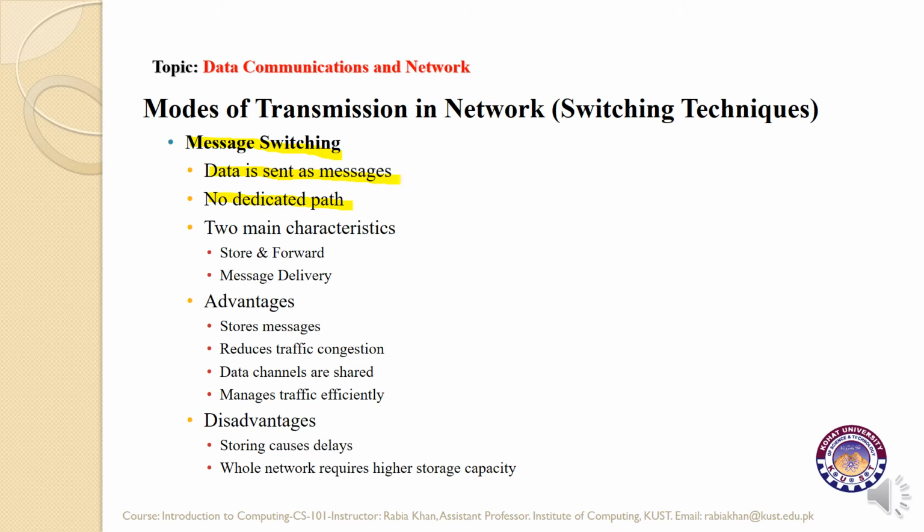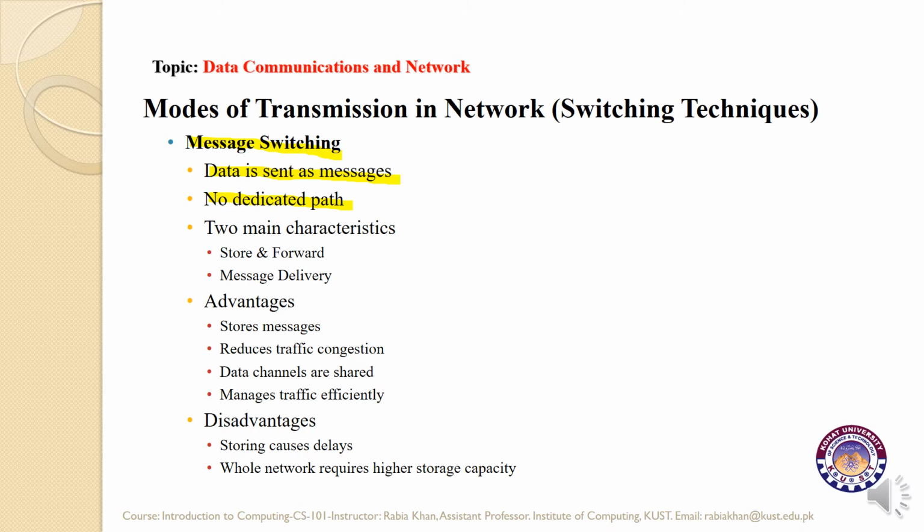There is no dedicated path, keep in mind, but different interconnected nodes are there to ensure data transfer. Now, what is a node? We already discussed what a node is. A node within a computer network can be some other computer or some workstation.